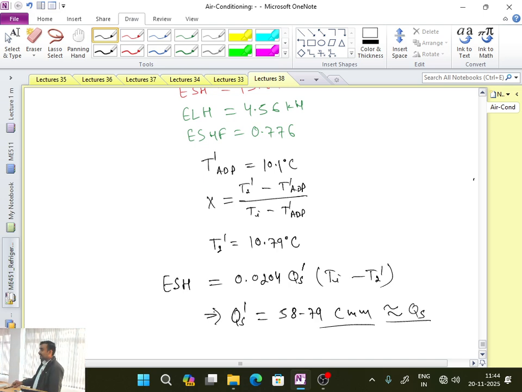It means that with the current amount of air which you are taking from ambient, it is equal to QS and it is equal to Q dash V naught. It is equal to Q dash, the new amount of supply air, the new amount of outdoor air which we are taking from the ambient.